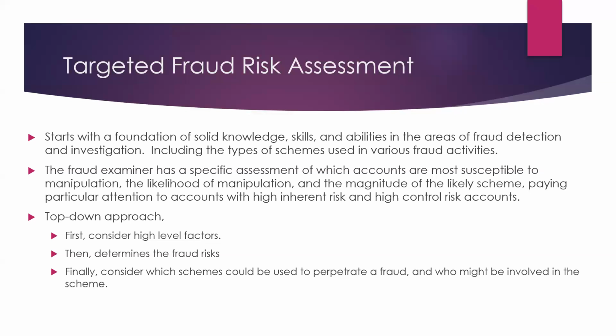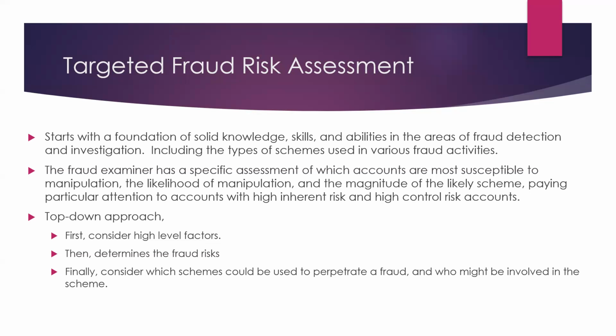Then we want to determine the fraud risk. Determining the fraud risk could be which accounts would likely be utilized, such as revenues or expenses or liabilities or assets, in order to commit the fraud. And then finally, which scheme could be used to perpetrate a fraud and who might likely be involved in that scheme.